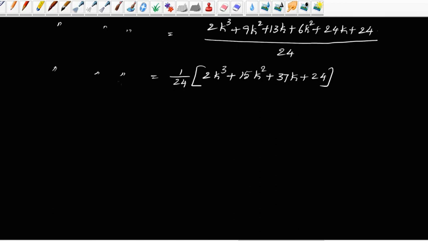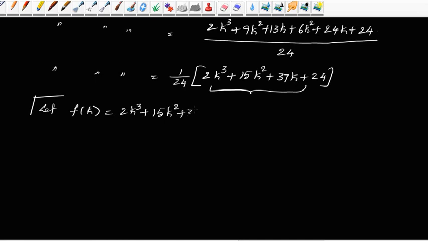the same process. We can consider this one as a polynomial in k, so we can factorize this one. Let f of k is equal to 2k cube plus 15k square plus 37k plus 24.